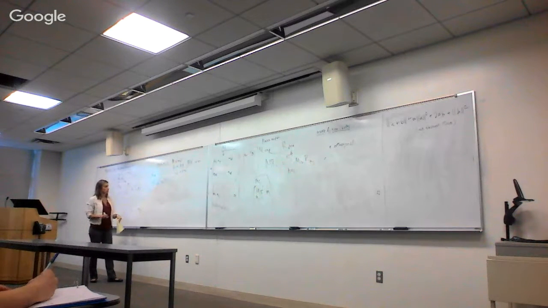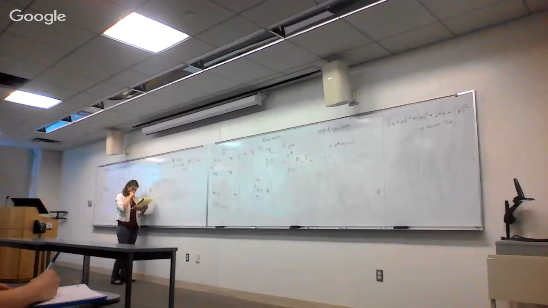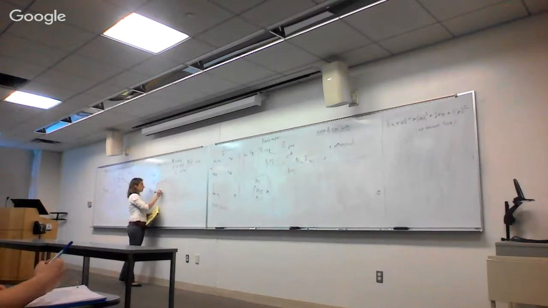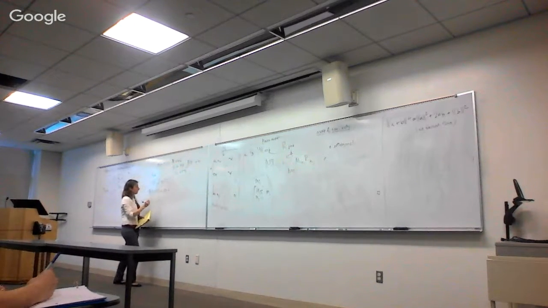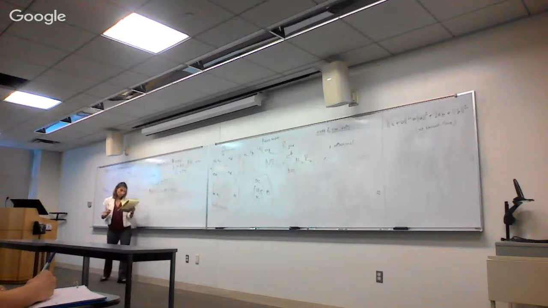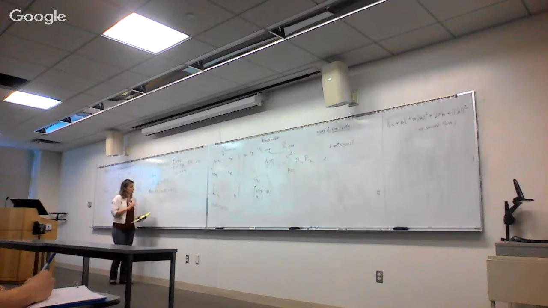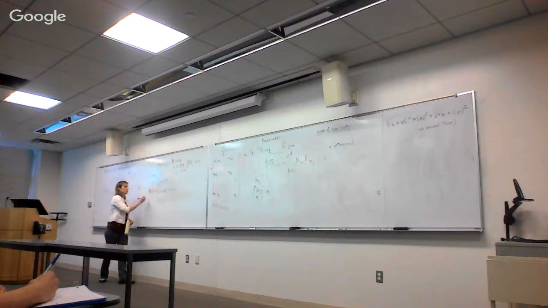But we only have certain distributive laws. So we could multiply in a left distributive way. But if we wanted to do other types of distributive laws, we have to make sure that the dimensions line up.